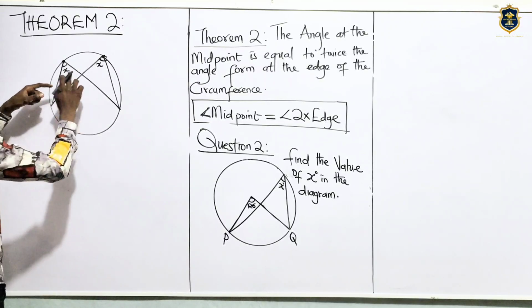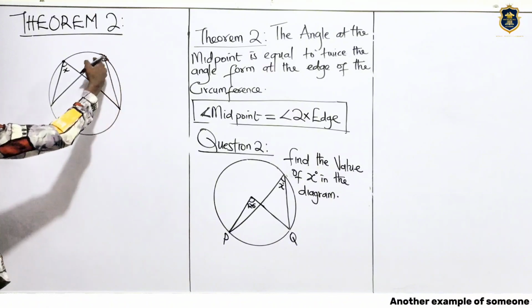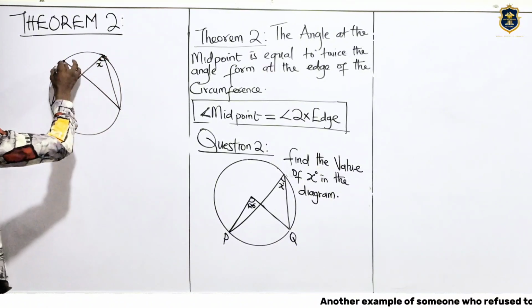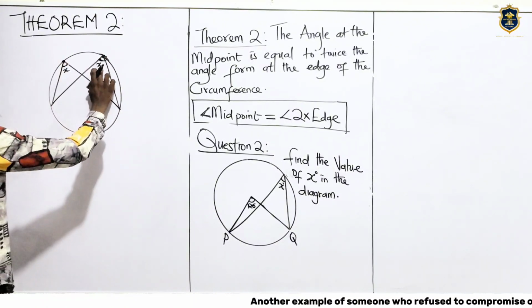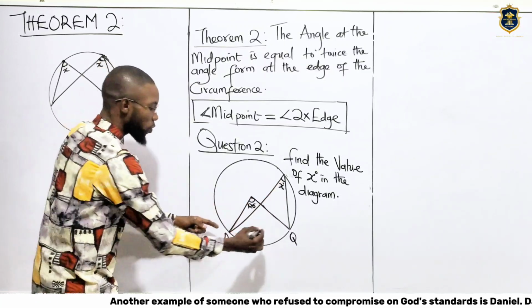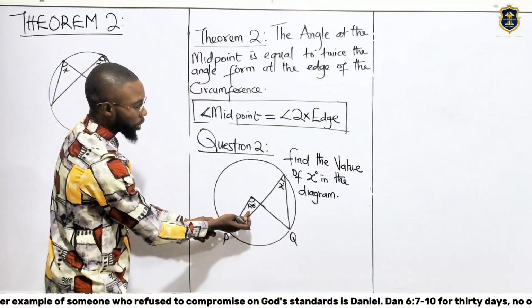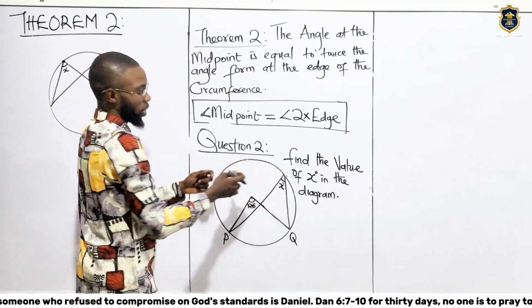Anywhere you see 2 angles forming at the circumference, whatever you have here is what you have here. Now we have only one here. That means we have to form another one, so that whatever we get here is what we have here.